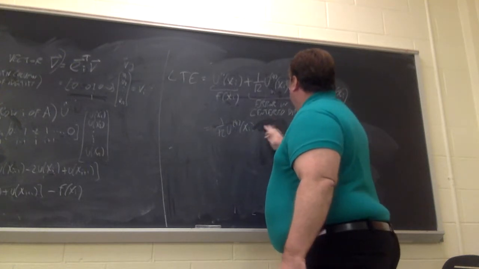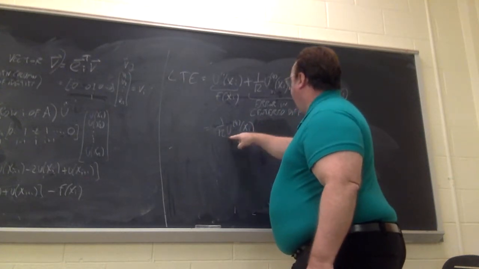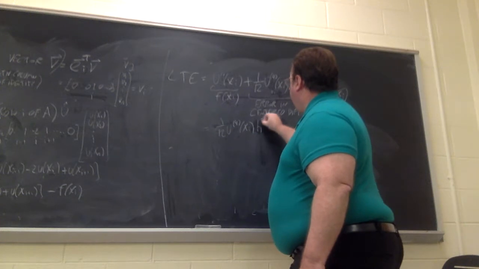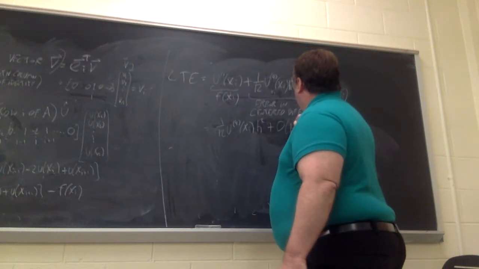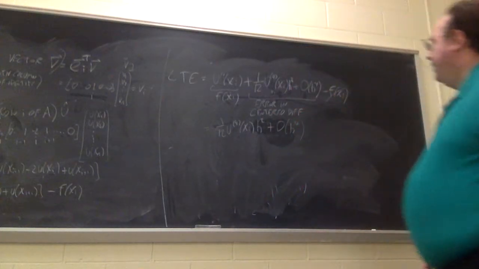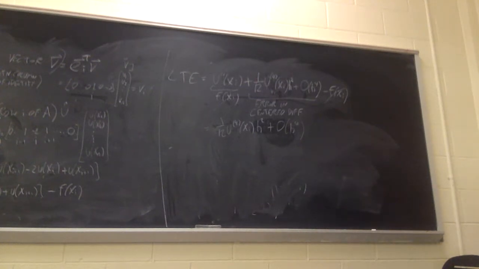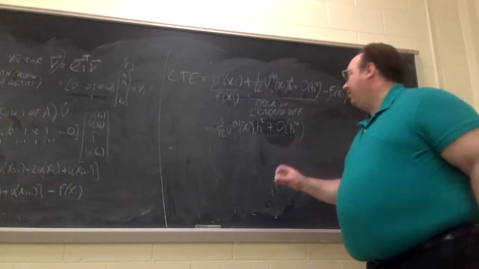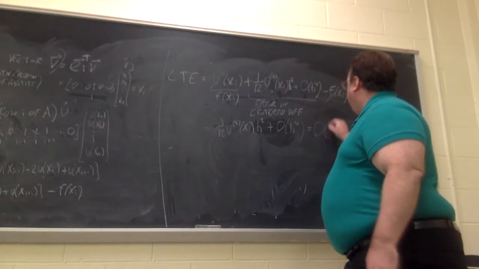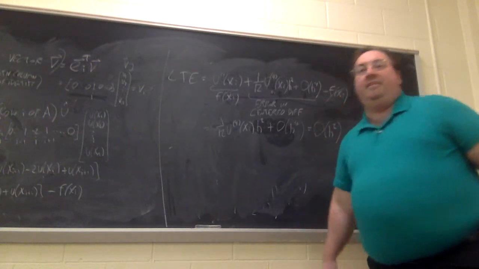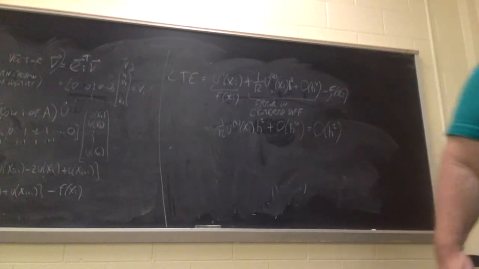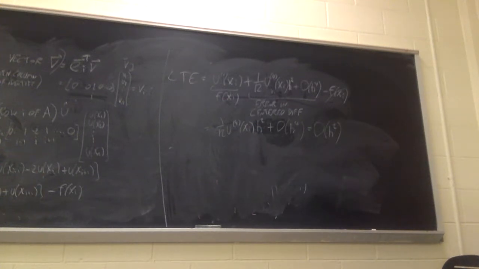Okay, let me fill that in. So 1/12 fourth derivative times h squared plus terms of order h to the fourth. So that is the local truncation error. I can condense this by saying this is big O h squared. So, in other words, locally, this numerical method is second order accurate.